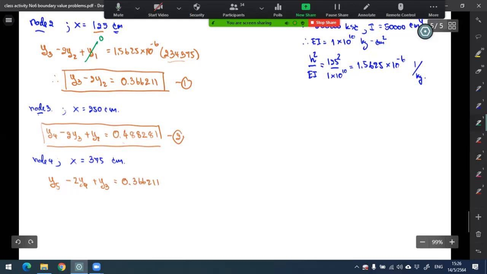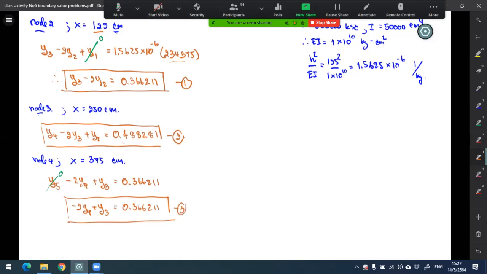Okay, this term becomes 0 because of the boundary condition. So finally, we have, please check the constant that I have determined.